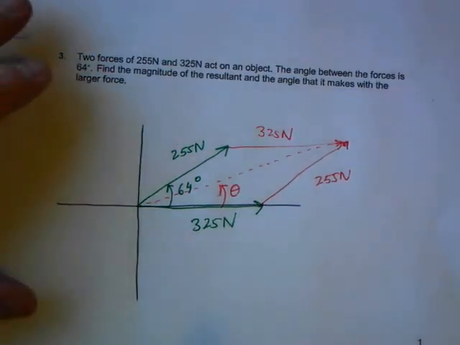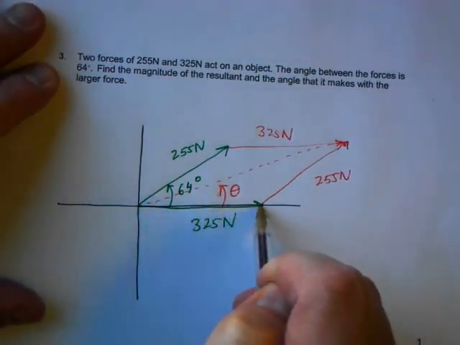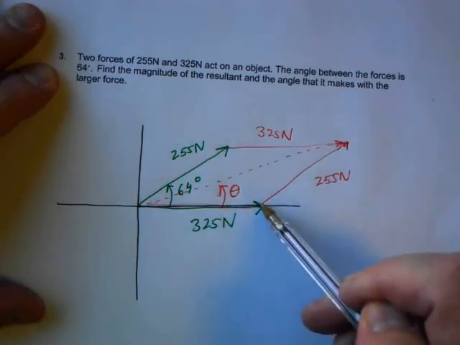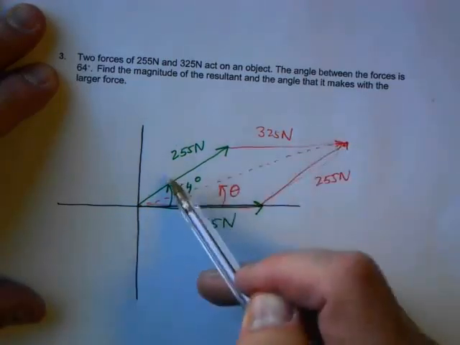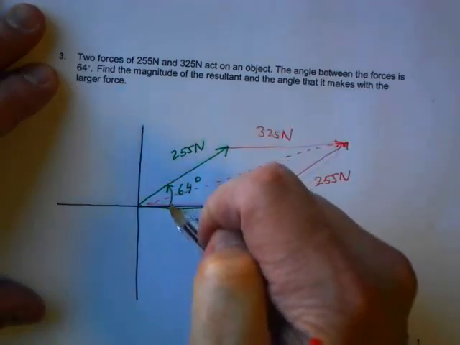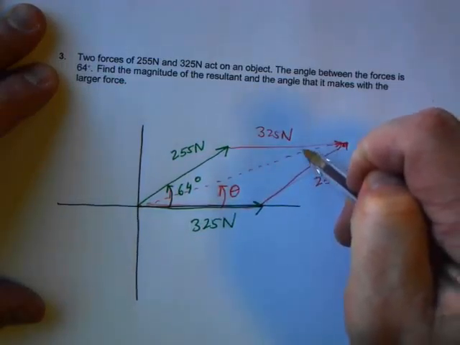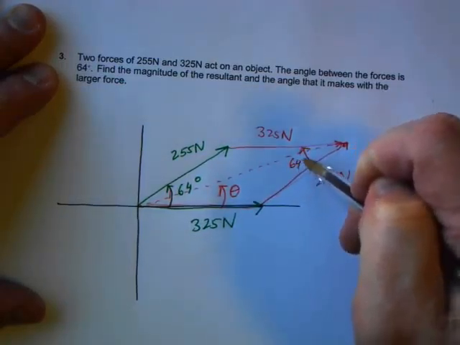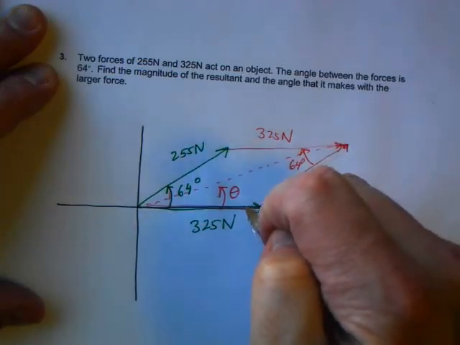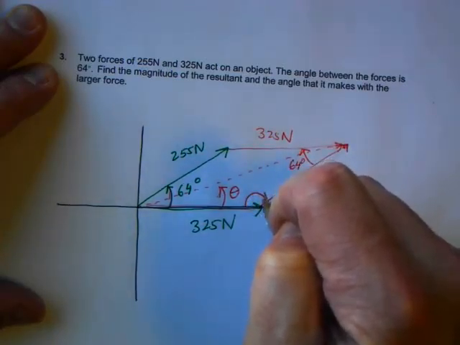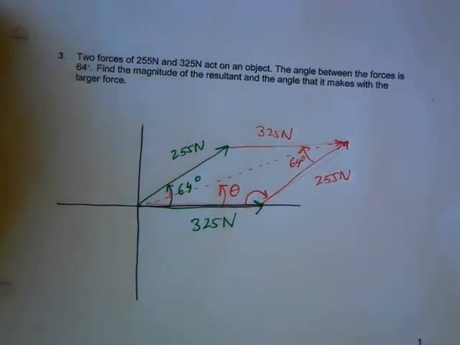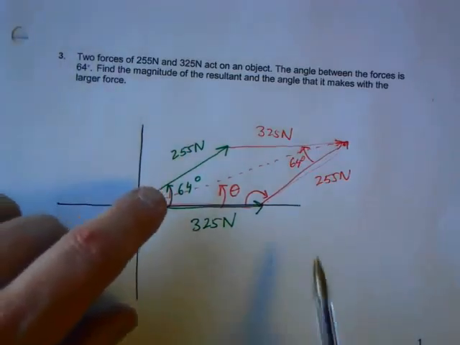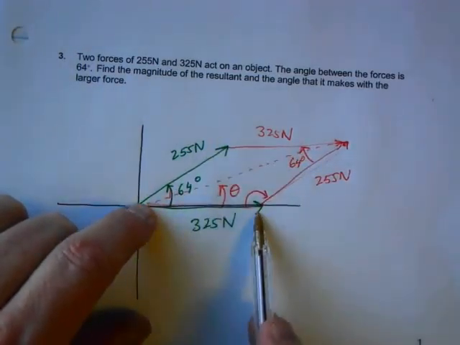Because what I know is I know this side, I know this side, well, in fact, I know all the sides. If this is 64 up here, what's this angle over here? 64. This one's also 64 degrees. So how about this angle? Just add those two angles and subtract from 360. All the angles have to add up to 360.